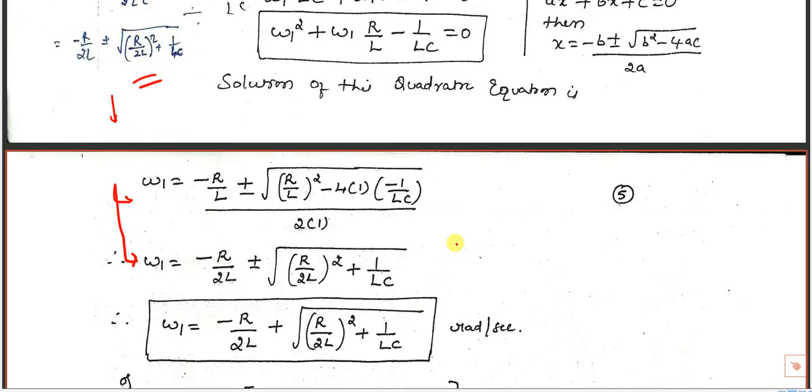So this is the value of omega 1, and the unit is radians per second.